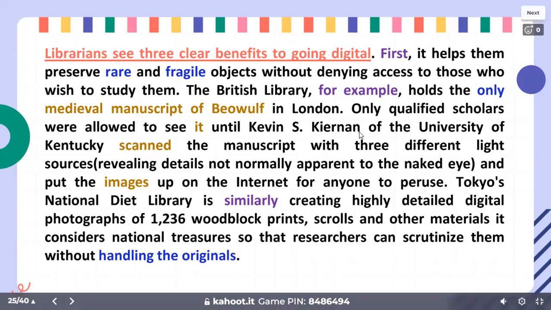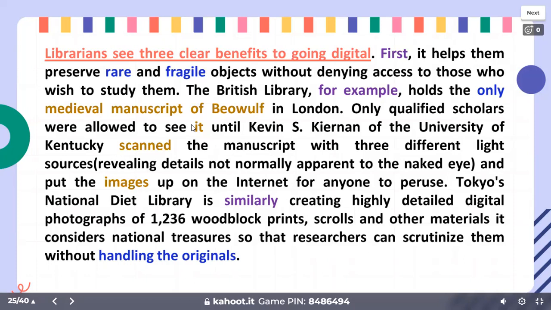So what happened? Before this gentleman, Kevin Kiernan, scanned it, only qualified scholars, only people of knowledge, were allowed to see it, until Kevin Kiernan of the University of Kentucky scanned the manuscript with the three different lights and put the images.